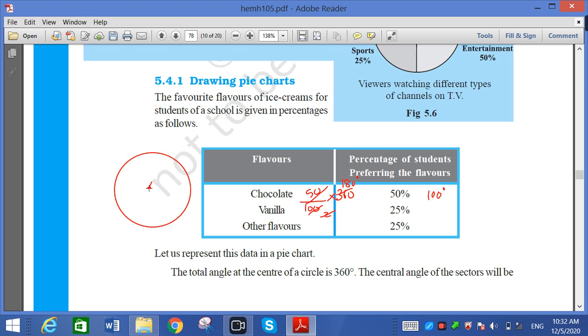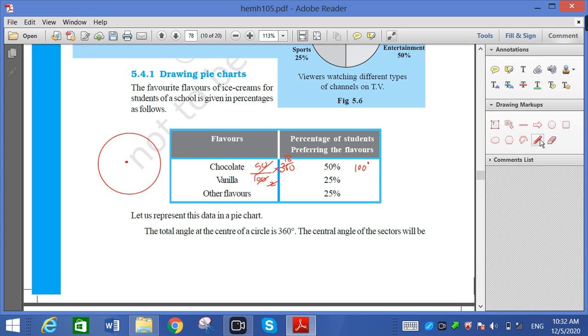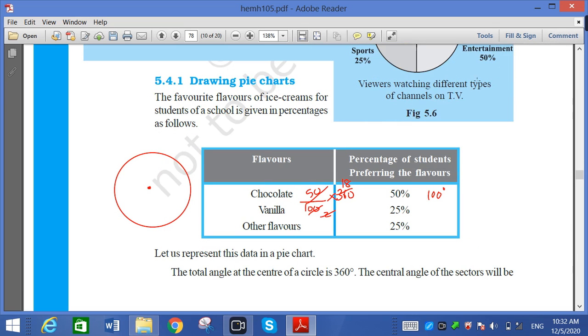We have to make a line from here. We don't want to waste our time.